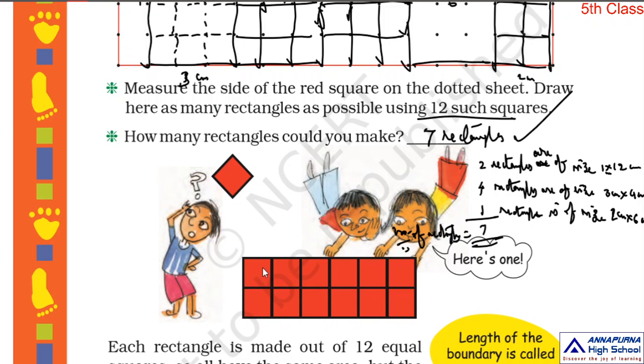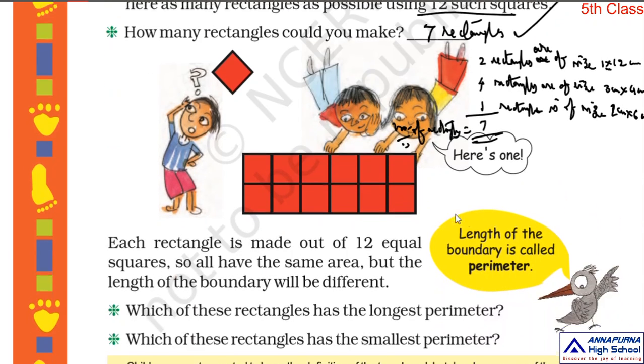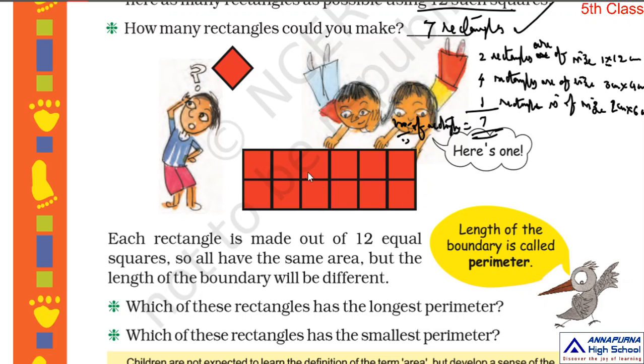Now, if you observe this diagram, how many squares are used to make this rectangle? 1, 2, 3, 4, 5, 6, 7, 8, 9, 10, 11, 12.